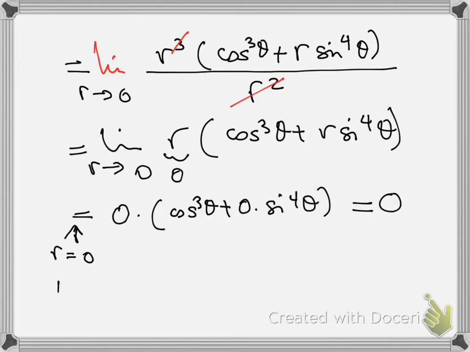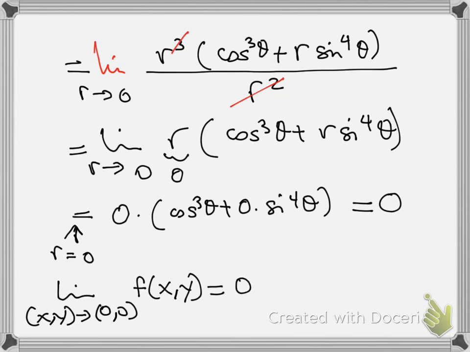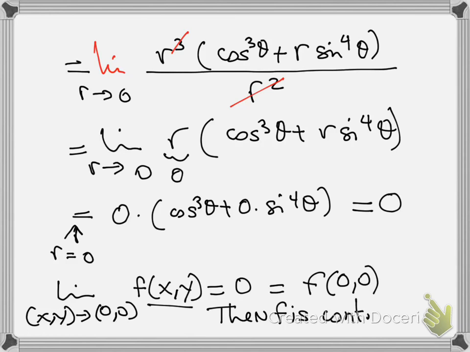So the limit of f of x, y as (x, y) approaches the origin is equal to 0. And 0 is f of 0, 0, right? So f is continuous because the limit of f when x and y approach the origin is the same as f of 0, 0.